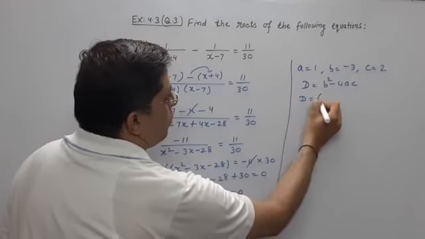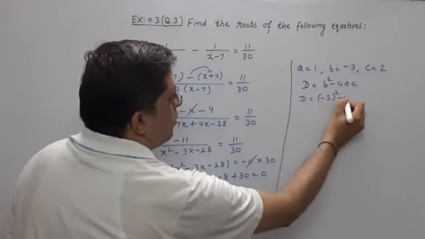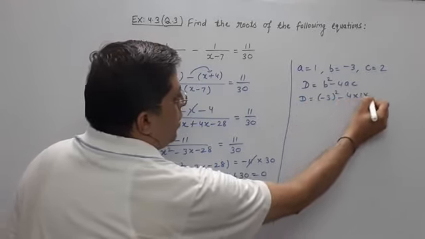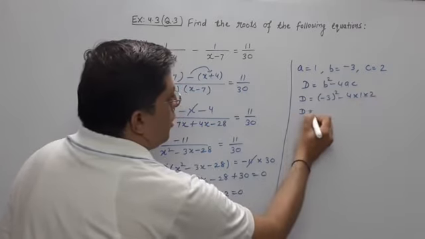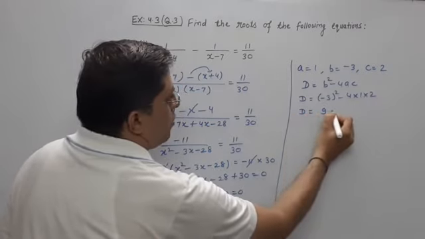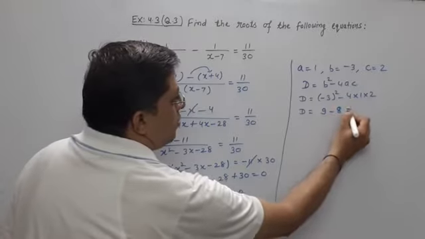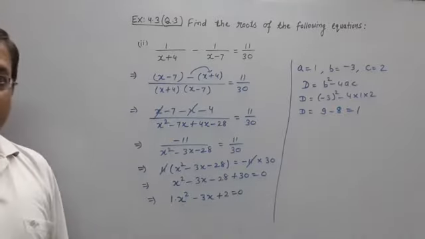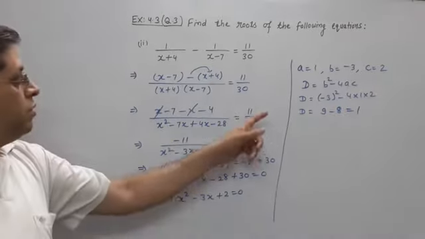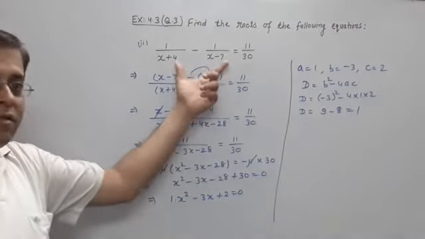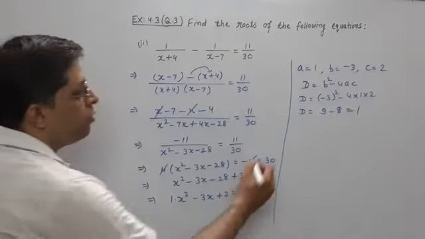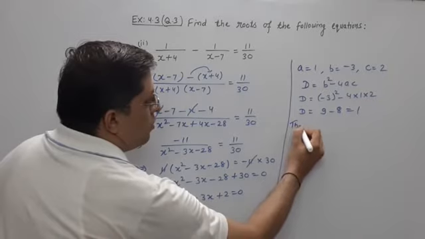Come on, find out the value. Minus 3 square minus 4 into a and c. Okay, here 9, here minus 8 is coming. 1. D value is coming 1. It means this equation has real roots. See here.